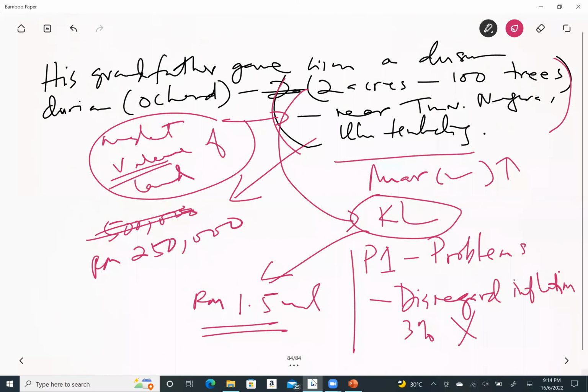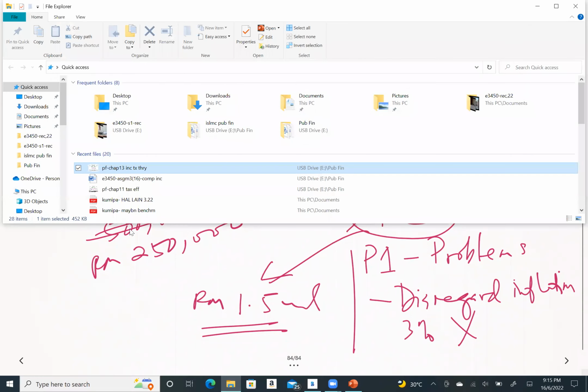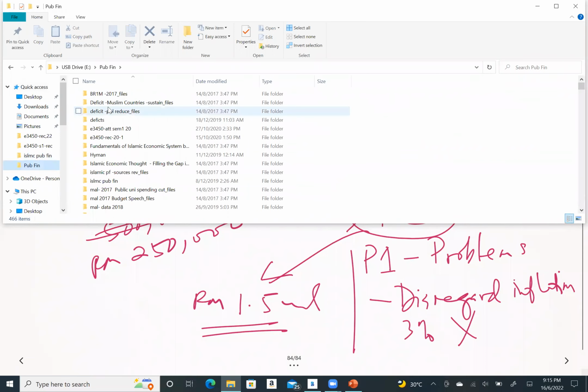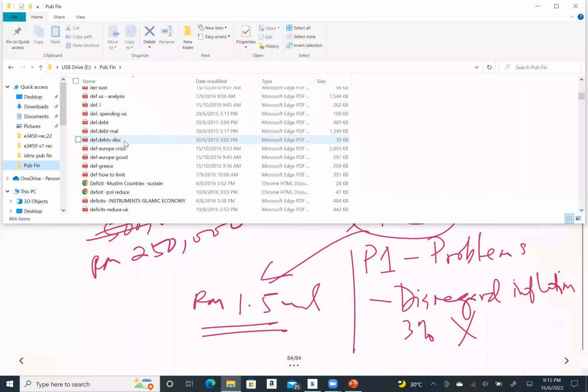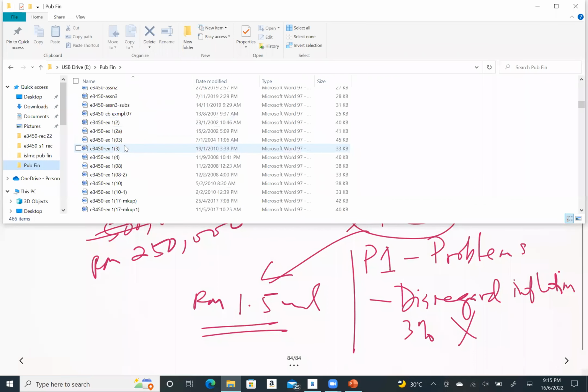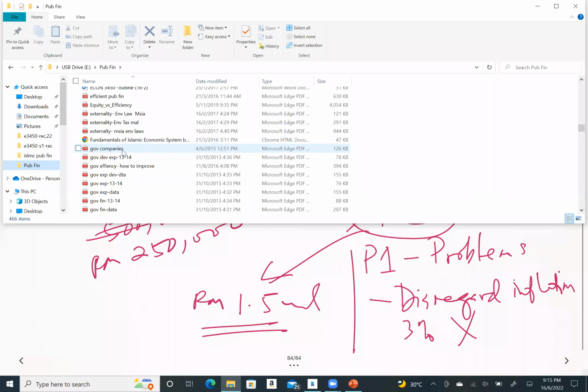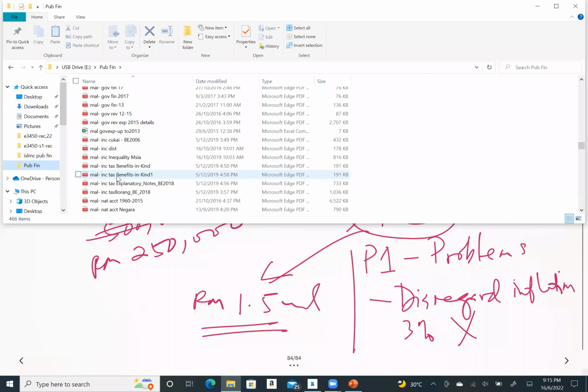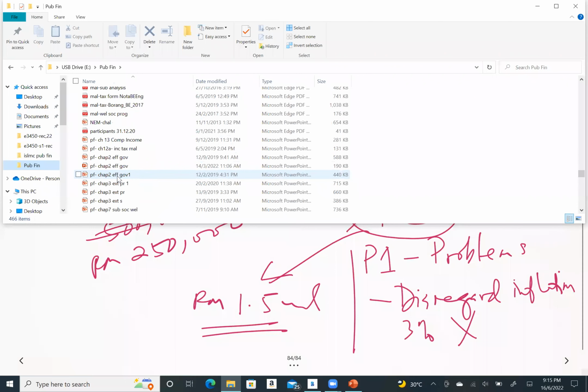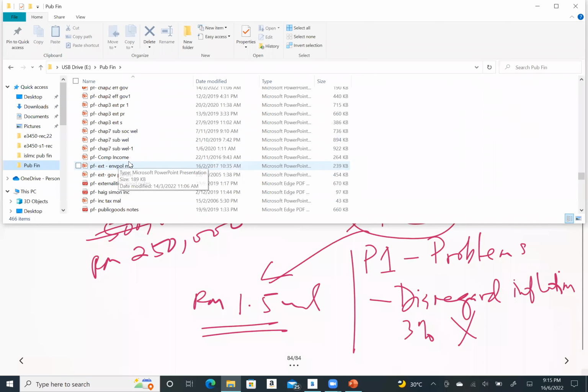The system is quite similar. So this is chapter number 14. The book is concerned about the American income tax system, so we modified it a little bit. We do the Malaysian one. So you don't have to worry about the US, just worry about what we are doing now, which is the Malaysian.